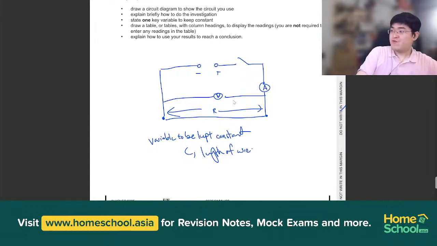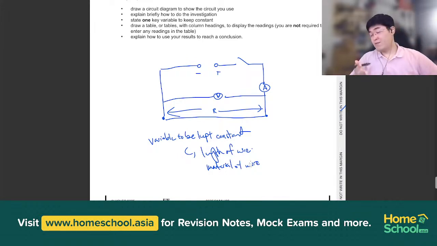Some other things you also want to keep constant is the material of the wire. It won't be a fair comparison if wire A, which is thicker, is made of copper, wire B is made of silver, and wire C is made of gold.